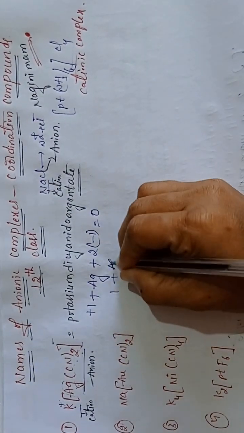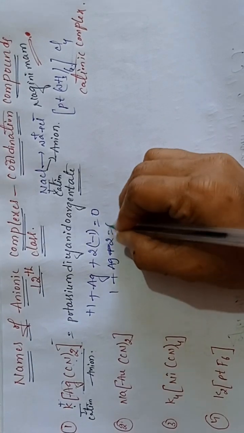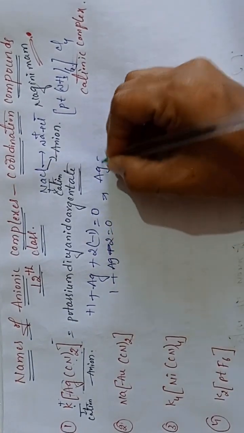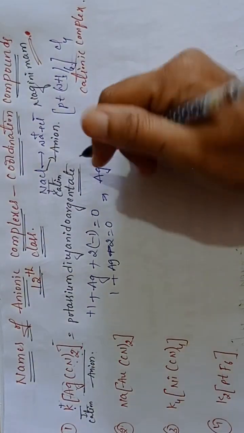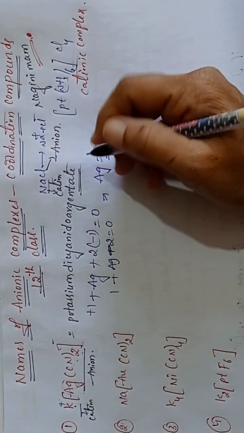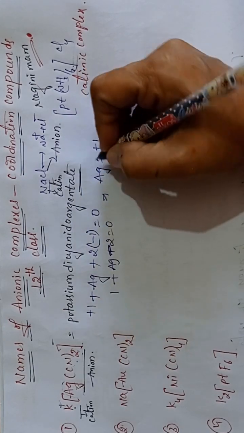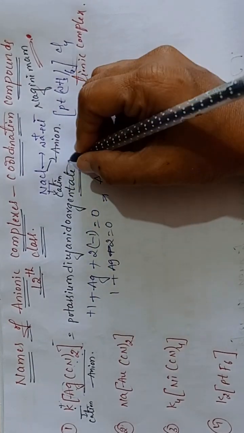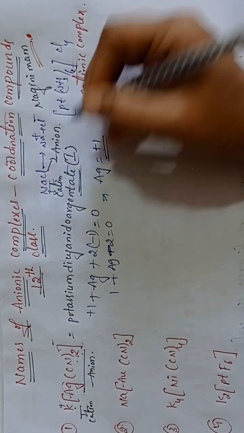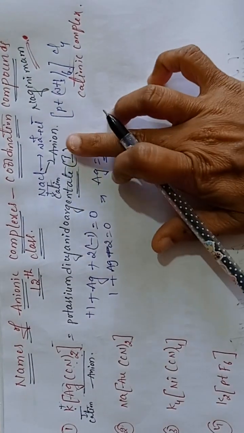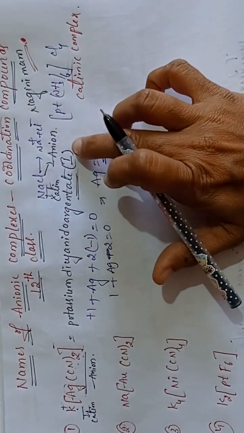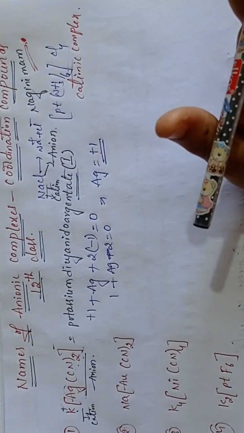That means 1 plus Ag minus 2 equals 0. So what is the Ag oxidation number, students? Plus 1. So how to write this oxidation number? After the name of the central metal atom, you have to write it in parentheses, indicated by a Roman numeral. That means you have to mention it in brackets.